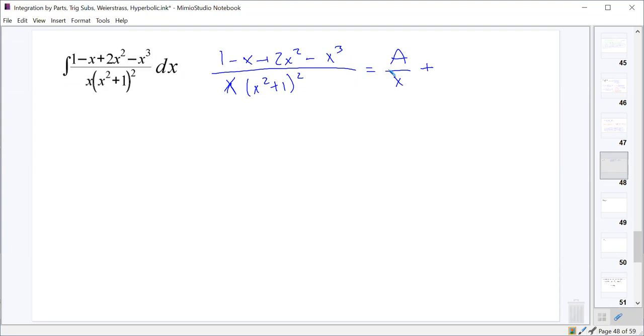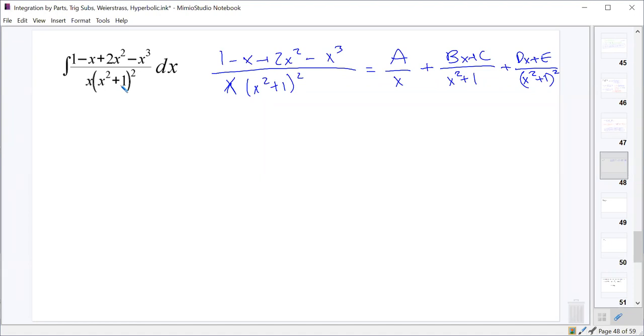So just like we did when we had a linear piece that was being squared, we're going to do the Bx plus C, the linear piece, over x squared plus 1, plus Dx plus E over that quadratic squared. And if I had a cubed on that, x squared plus 1 cubed instead, we'd have Fx plus G over x squared plus 1 cubed. Does that make sense?